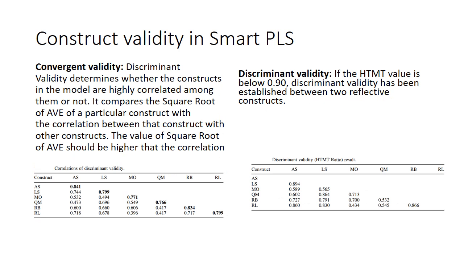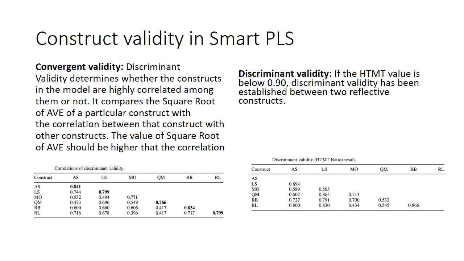So you see another two ways of measuring. We just discussed reliability. Now we are talking about convergent validity and discriminant validity. Through AVE we also measured validity, but this is another way of checking the correlation for discriminant validity, and this is the HTMT ratio, through which we measure discriminant validity.